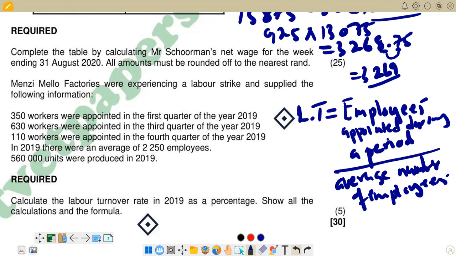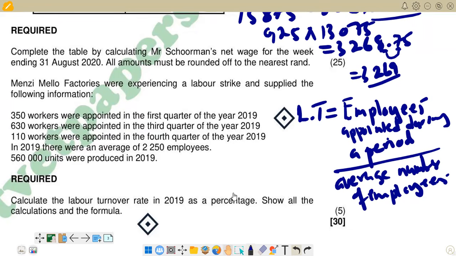So employees appointed during the period, we have 350 there in the first quarter, then 630 in the third quarter, then we've got 110 in the fourth quarter. So you're going to add all the three to get the total. Then we divide by the average number of employees, which is 2,250. So let's just summarize that working here.